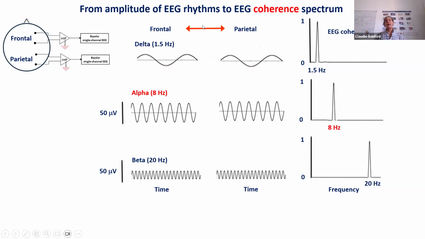So one hypothesis that you can test using the technique of spectral coherence analysis is that from frontal and parietal electrodes, you record two EEG activities which are correlated with each other.